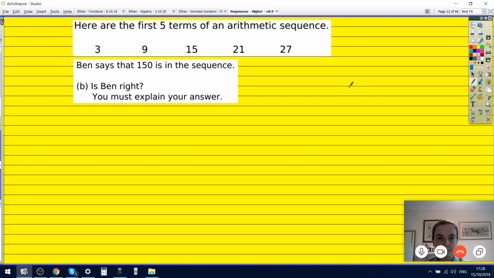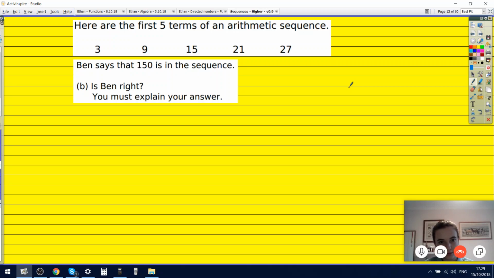Okay, how about this? So the nth term is simpler than that.